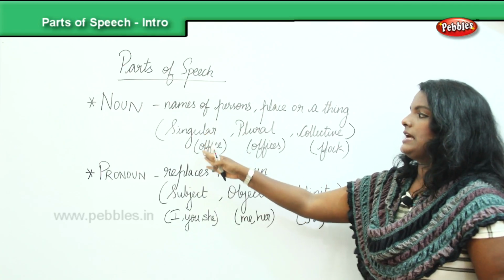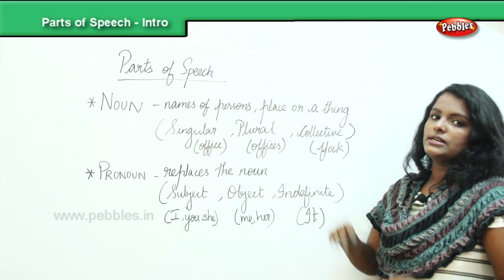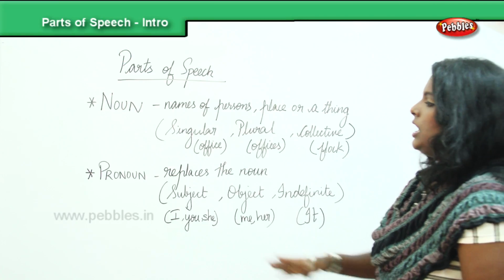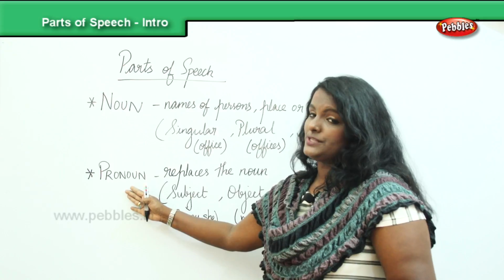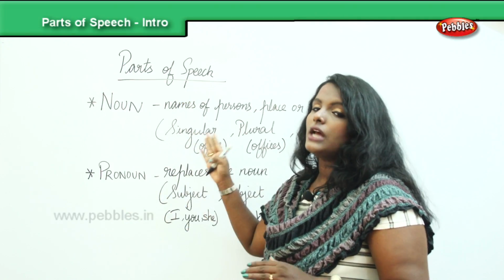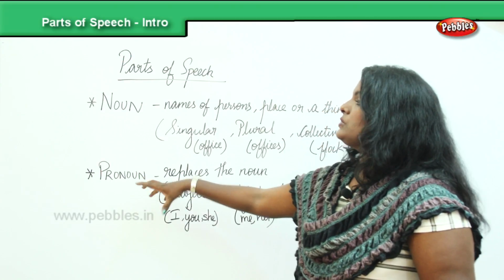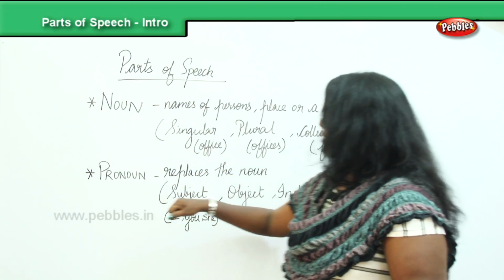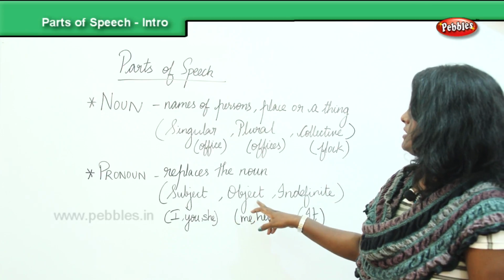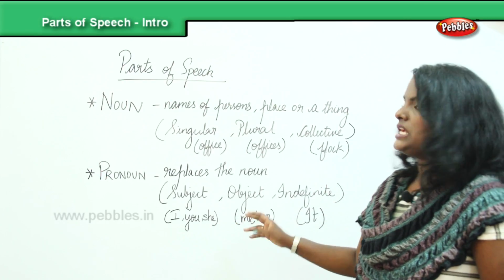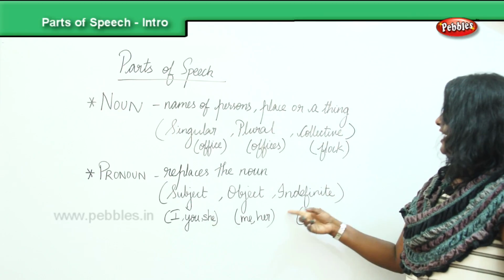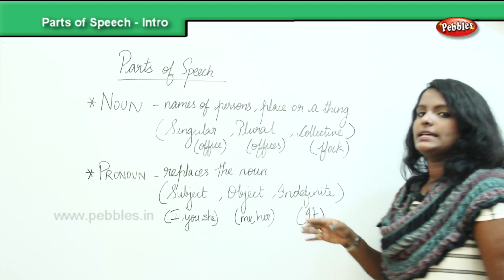I have given you the example of the different types of nouns: singular, plural, and collective. A pronoun is a responsible elder son, who replaces the noun. Whenever noun is not present, the pronoun takes the position of the noun. Subject: I, you, she. If it's an object pronoun, me, her, him, they. If it's indefinite, it's it.